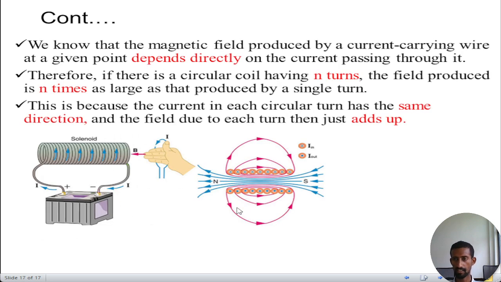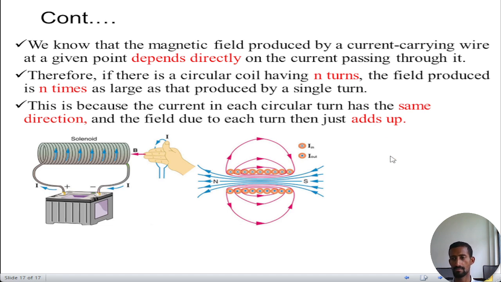We know that the magnetic field produced by a current carrying wire at a given point depends directly on the current passing through it, as you remember from the formula. Therefore, if there is a circular coil having n number of turns, the field produced is n times as large as that produced by a single turn.